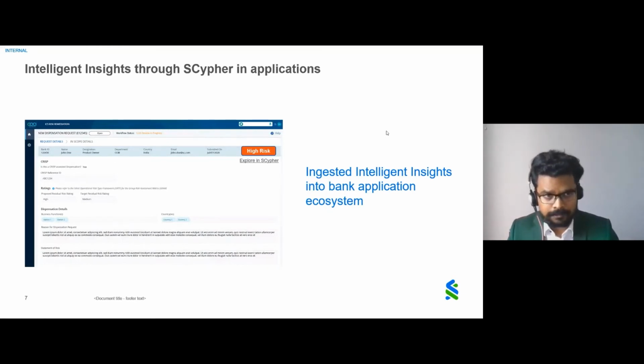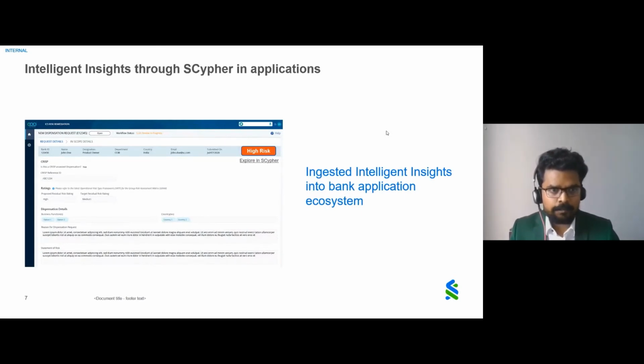Based on the dispensation request and who the requester is, for example if I am raising the request, the API uses my employee ID to perform a search in the enterprise knowledge graph and identify whether this person has been exposed to any critical information. If I have access to critical information with high confidentiality, that is clearly visible as part of this request itself.